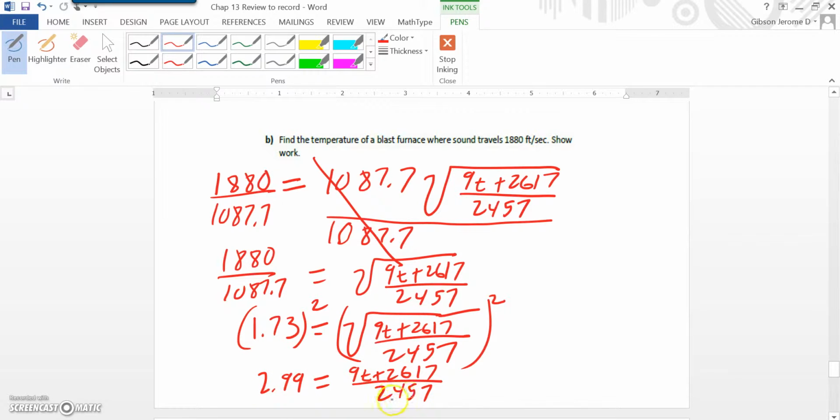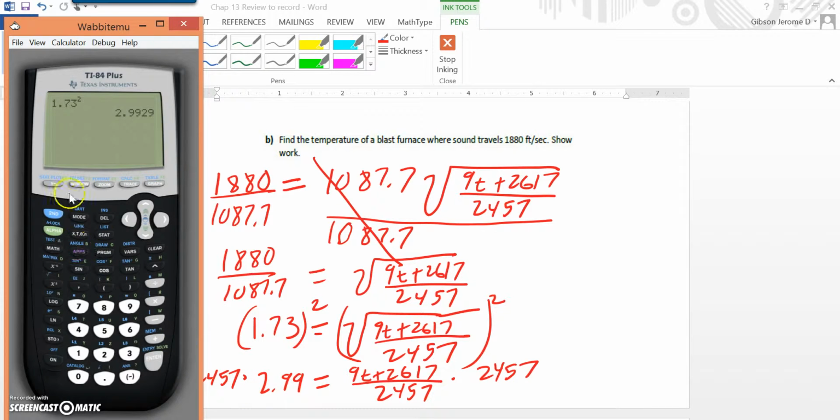Now we have to get rid of this 2,457, so we'll multiply each side by 2,457. Now when we take our calculator, we would take 2.99 times 2,457.